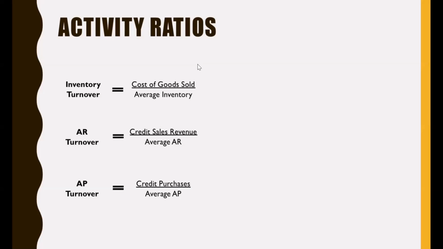So, pwede nating isolve yung days inventory. So, how many days does it take for our inventory to be sold? That is your days inventory and it can be computed by dividing average inventory over daily cost of goods sold.